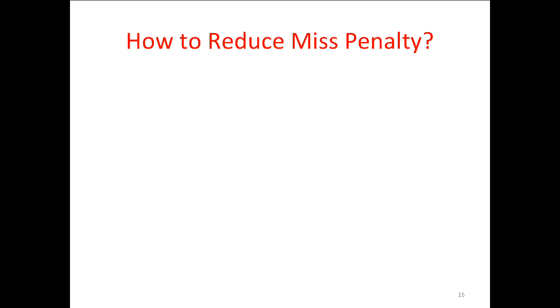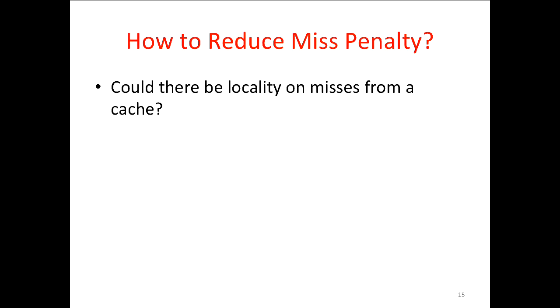And if you think about our earlier lecture where we talked about it might take several hundred clock cycles to go to main memory, that's really quite long. And so people started thinking maybe there's locality in the misses from a cache. We usually think about locality from the initial program accessing the cache, but then the cache itself accesses main memory. Is there locality in the misses from a cache going to main memory?